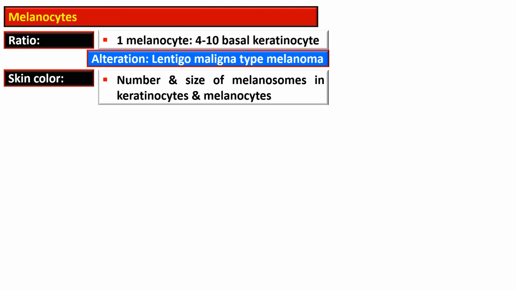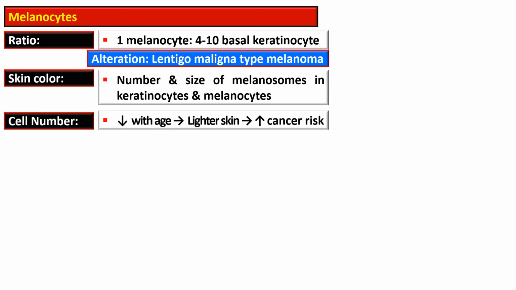Then the color of the skin. The determinant of the color of the skin is the number and size of the melanosomes that are present in the keratinocytes and in the melanocytes, and not the number of the melanocytes. So it is the melanosome number and size that is responsible for the color of the skin of the various ethnic groups.